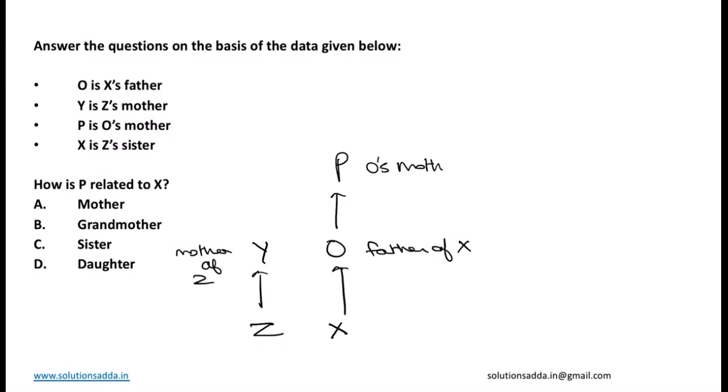Since O is father of X and O's mother is P, therefore P is grandmother of X. So how is P related to X? The correct answer for this is option B, grandmother.